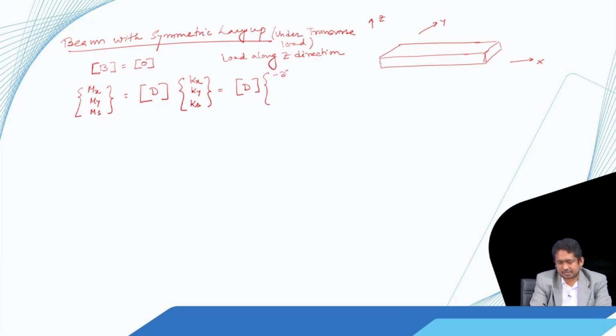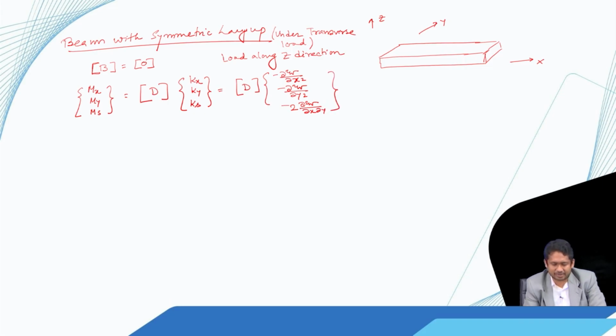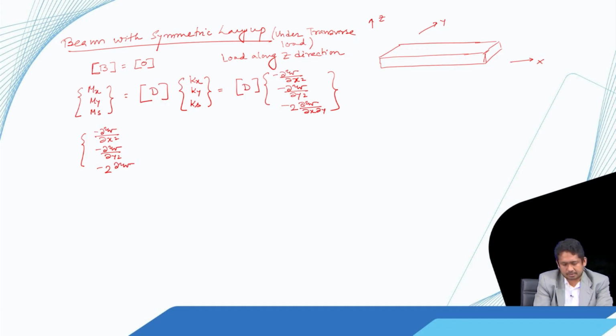So we have minus del 2 w by del x 2, minus del 2 w by del y 2, minus del 2 w by del x del y. We can invert it and write it as follows. Now the B matrix is 0, so inversion is easy.